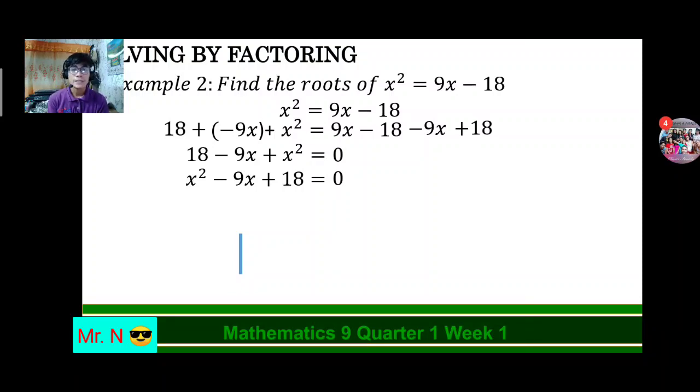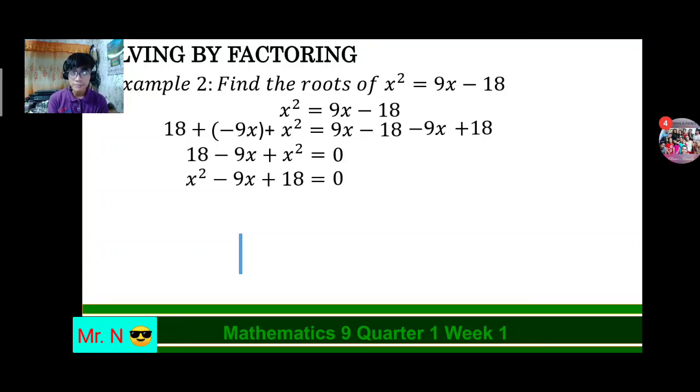Possible. So, next step is tingnan nyo yung sign. Negative. So, kapag nag-add kayo ng integers para magkaroon ng negative, it's either unlike sign sila, mas malaki yung nasa negative, o kaya naman parehong negative. Balik kayo dun sa last term. Ang sign ay positive. Ibig sabihin, pag nag-multiply kayo, same sign. Positive. At dahil negative yung gitna, meaning to say, parehong negative yung pinag-multiply.